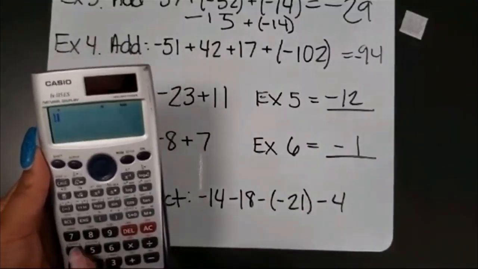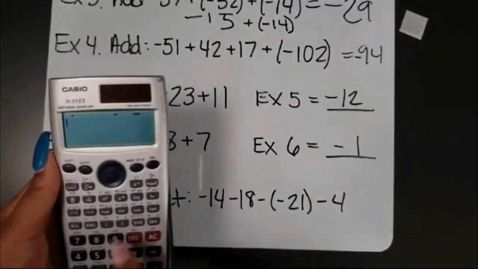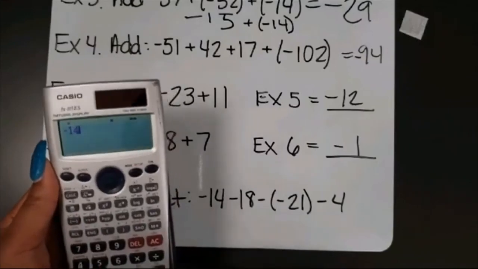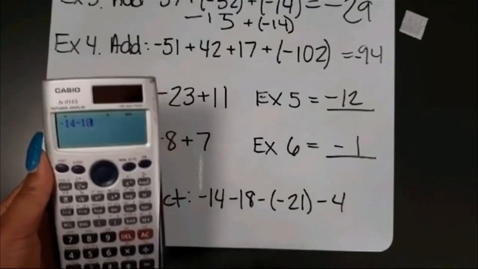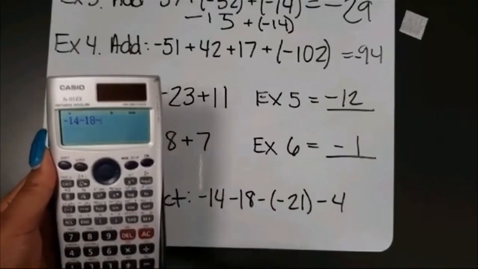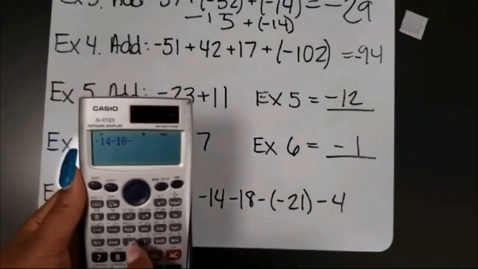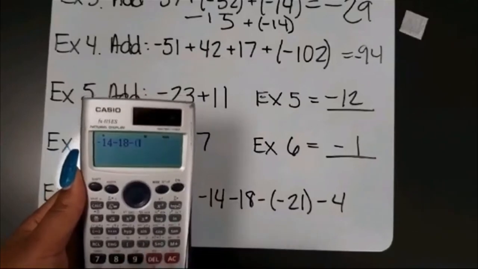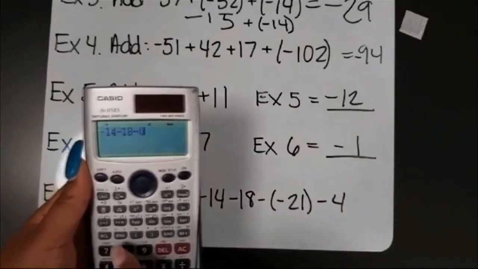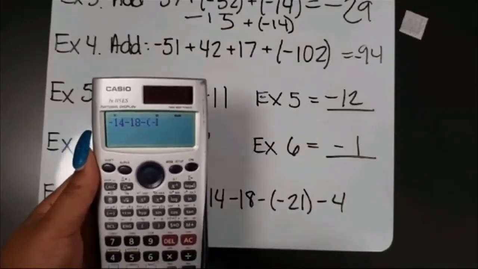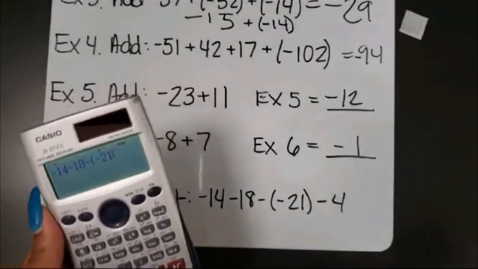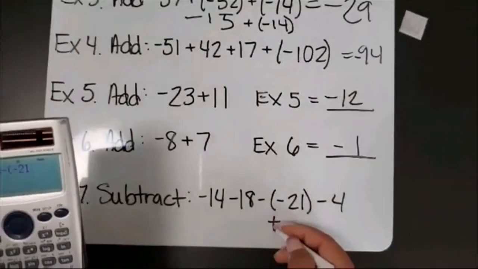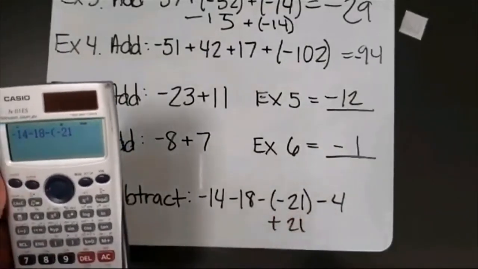So we're going to put in our negative 14. Going to do minus 18 minus, and we can do parentheses and a negative 21, or we can do, remember, plus 21.